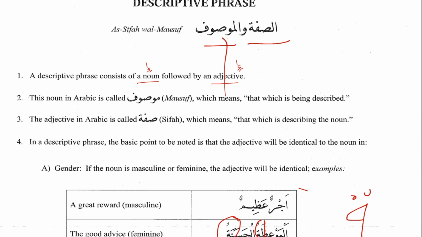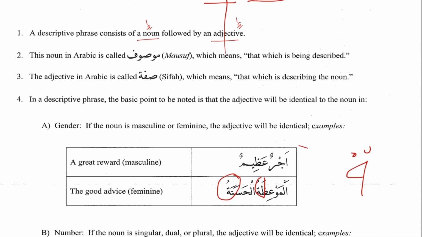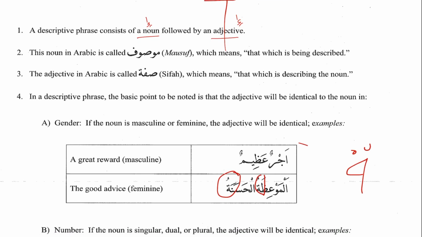The first ism, which is the noun, is called Mausuf, the one that is being described. And the following ism, or adjective in English, is called sifat, like in Urdu, which is the description of that Mausuf.